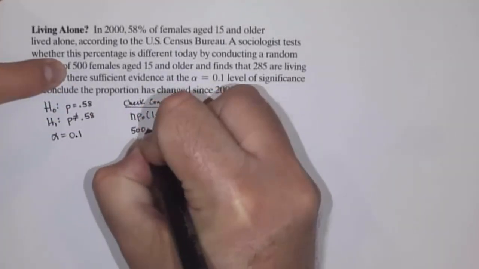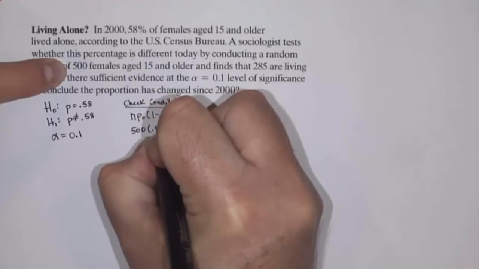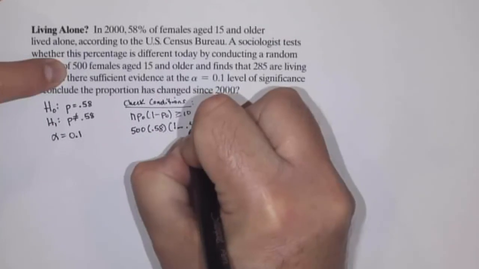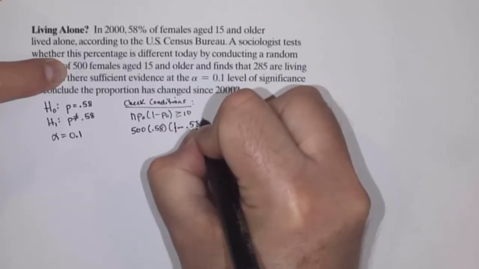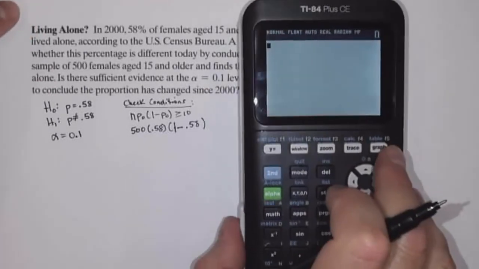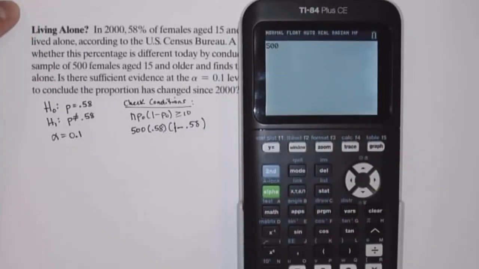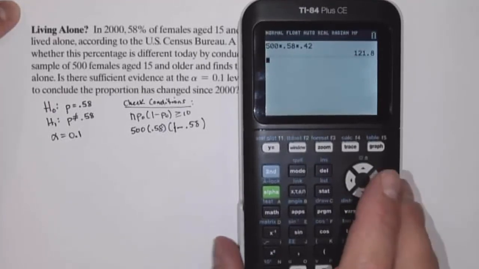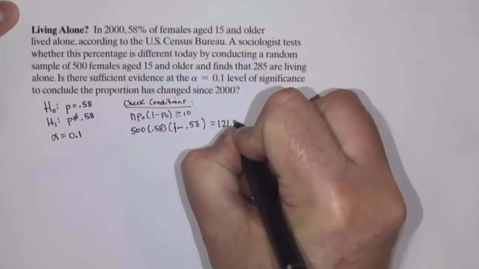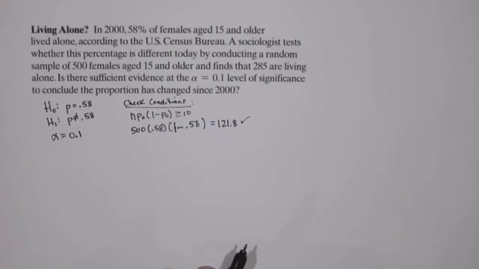So if we take 500 times 0.58 times 1 minus 0.58, so we have 1 minus 0.58 is 0.42, and that is 121.8, which is certainly bigger than 10, so we meet that condition.